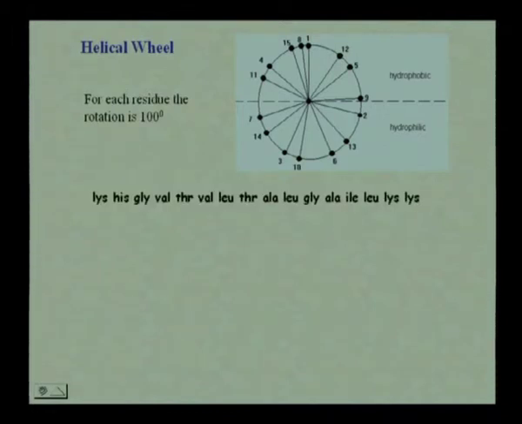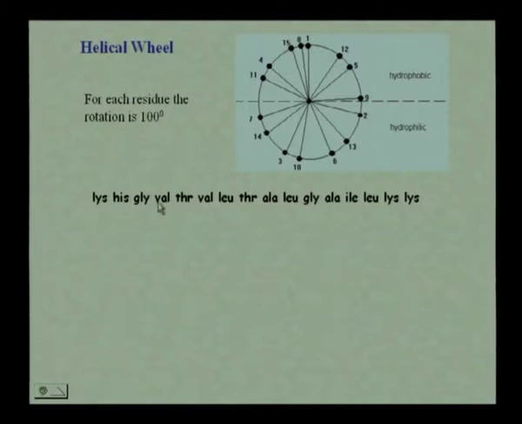Now, if I want to construct a helical wheel for this, let us construct it. So, for 1 I have lysine, right. You copy down the sequence that we have here.